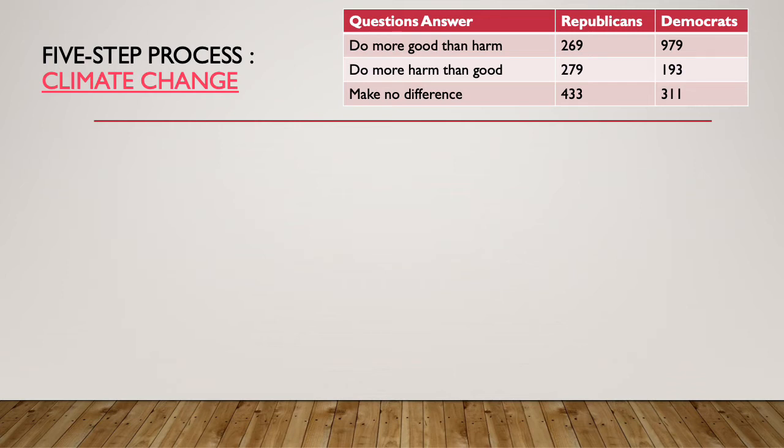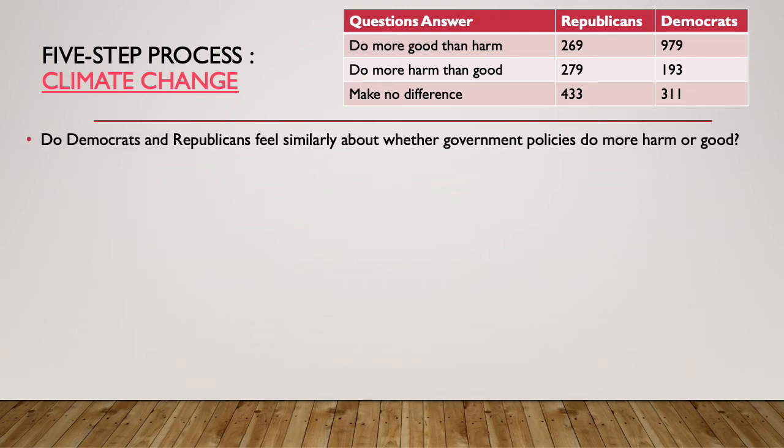Now we can run the hypothesis test. Here the general question is, do Democrats and Republicans feel similarly about whether government policies do more harm or good for the environment? Looking at the percentages on the previous slide and the results here, it looks like they probably do not feel similarly.